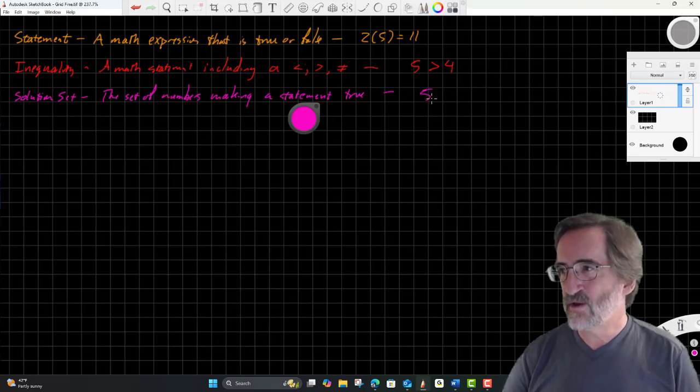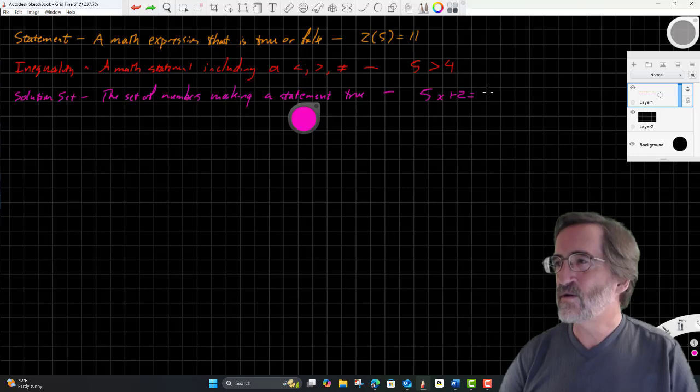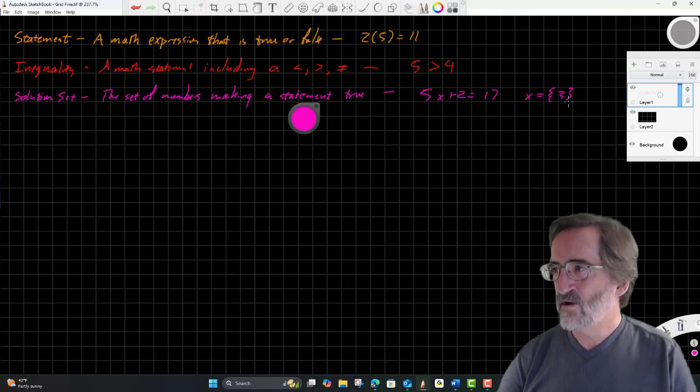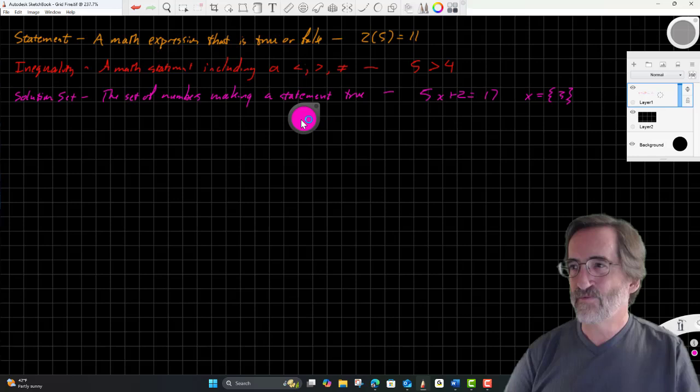For example, in 5x plus 2 equals 17, the solution set is 3. And we put solution sets in braces.